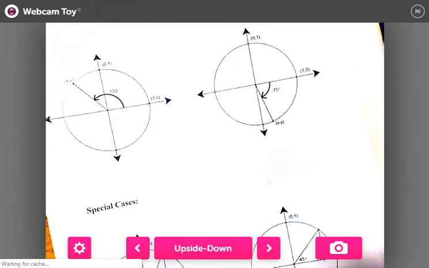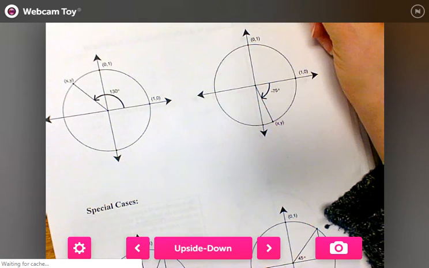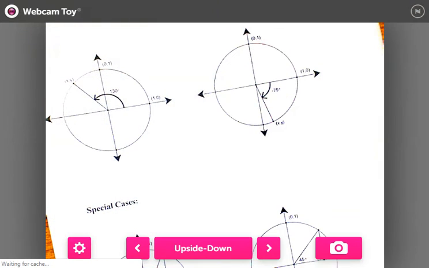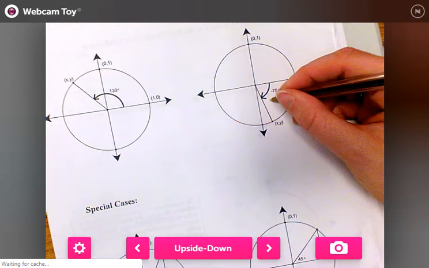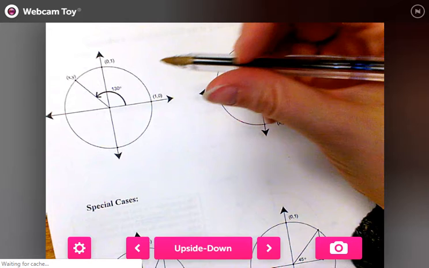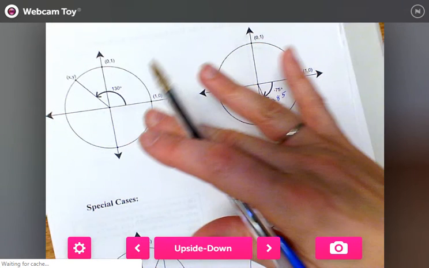So we're going to go 360, and we're going to minus 75. And I get 285.